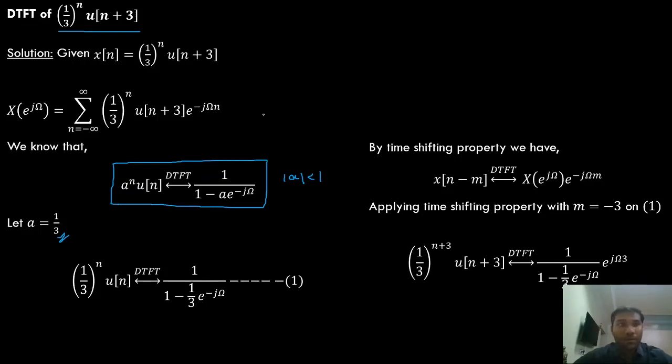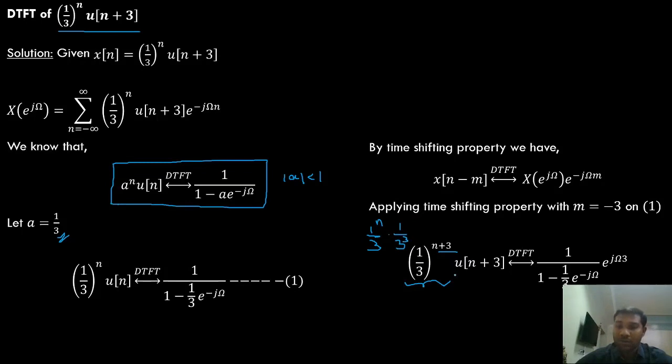Then what was our question? I have to find the DTFT of 1 by 3 whole power n u of n plus 3, but here I have an extra term. So first I will separate this term. How can I separate it? I can write it as 1 by 3 whole power n into 1 by 3 whole power 3, that is 1 by 3 power 3.